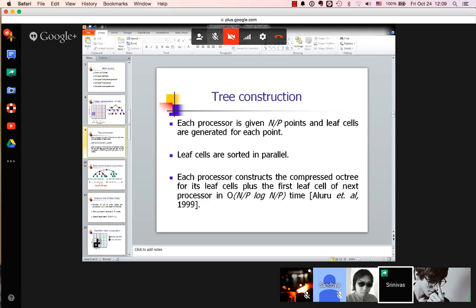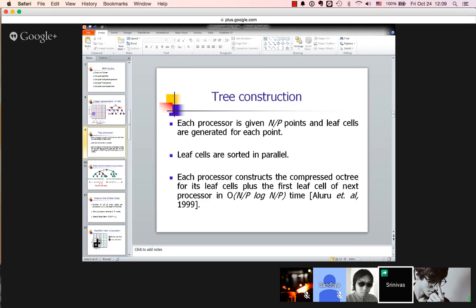I see. I think the redistribution is actually in step 2. At first you have random shufflings, where each processor has n over p points, but they are not necessarily what they will eventually get. Then in the second step, you do the redistribution.